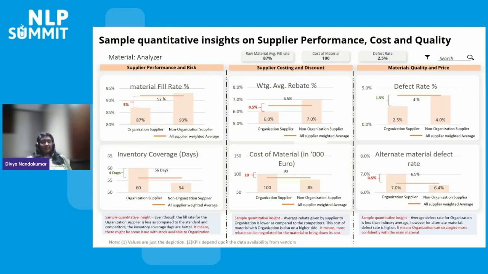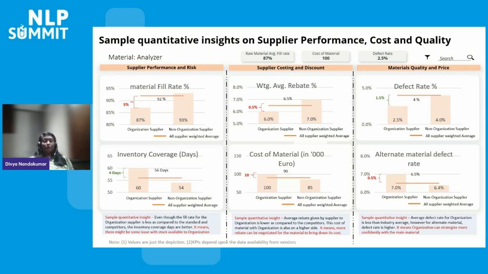If you see this, the first KPI is the supplier performance risk. Here you see that the performance of the supplier and the risk for your organization is at around 87%, whereas for your competitors, it is around 93%. And if you are trying to do a weighted average of your supplier base, then it is around 92%.